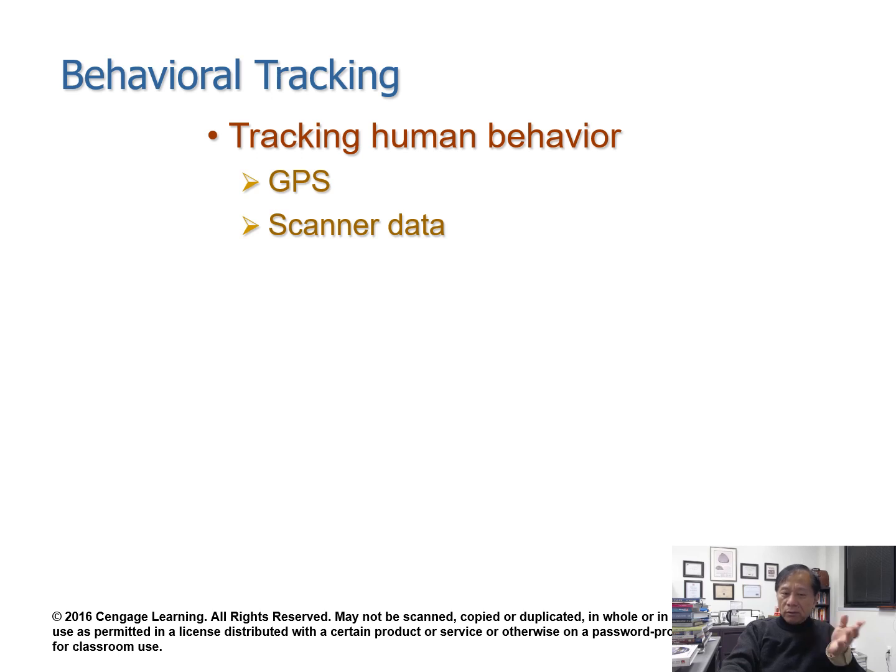Then devices or tools. GPS: what does GPS stand for? Global positioning system. Scanner data: what's UPC? Universal Product Code. CTR, click-through rate. Alexa, using Alexa to track. SEO, search engine optimization.